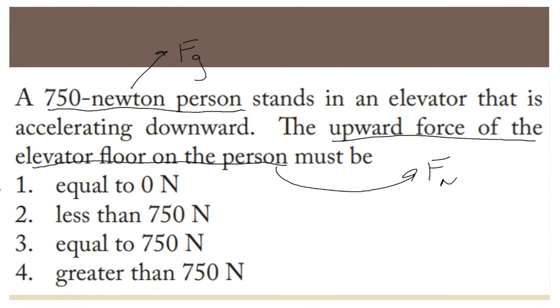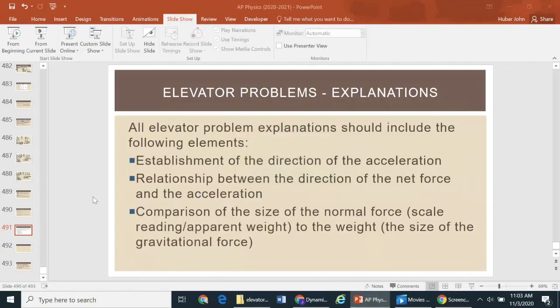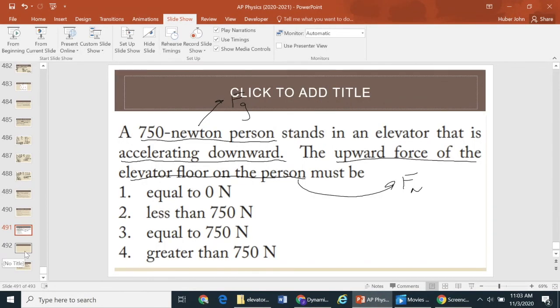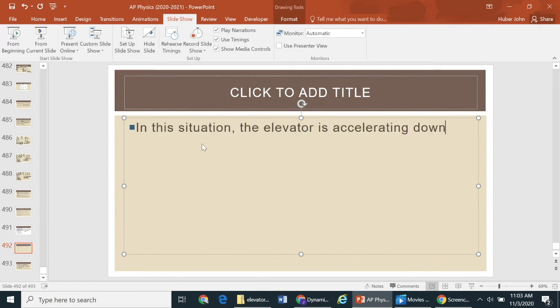They also tell you that the elevator is accelerating downward. And so that information, the fact that the elevator is accelerating downward, is the information you should seize on first. So the first thing we would say in our explanation is, in this situation, the elevator is accelerating downward.